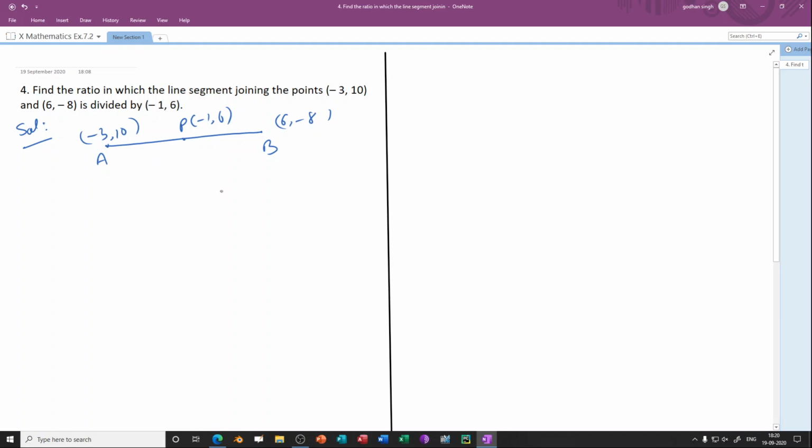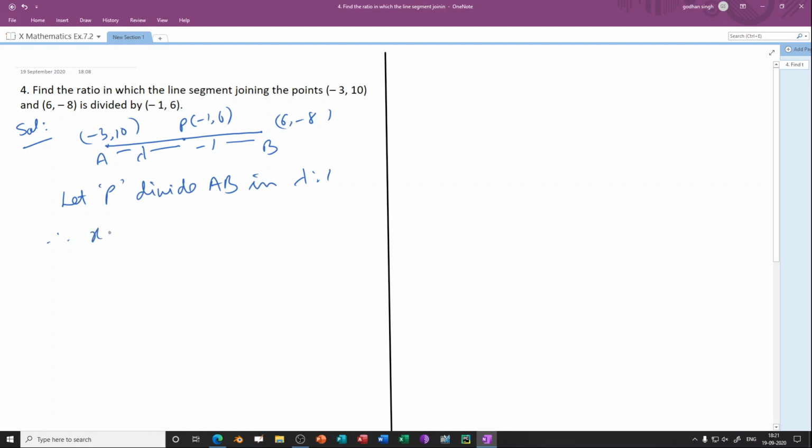So we do not know the ratio. Let us take the ratio as lambda ratio 1. Let P divide AB in lambda ratio 1, so we will take this as lambda and this as 1. Now we know the formula for that.